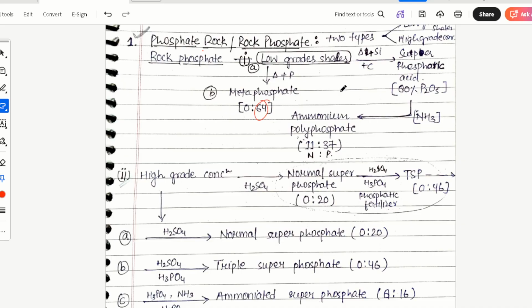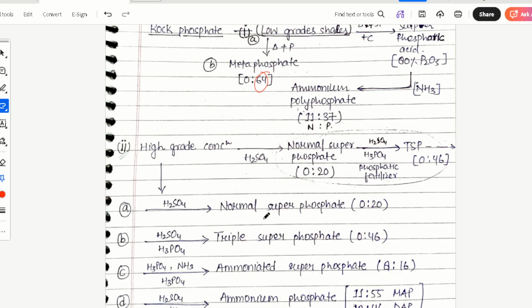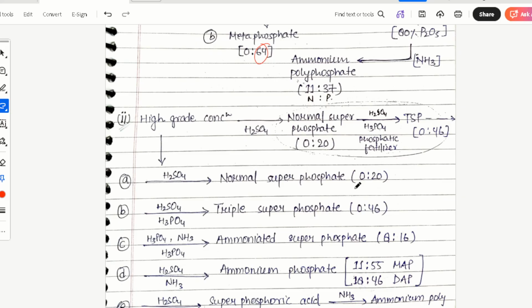In the high grade concentration, if we react it with H2SO4, we get normal superphosphate, which has 20% phosphorus.